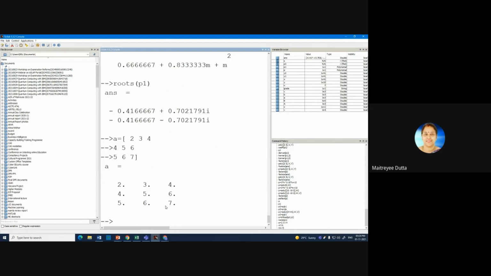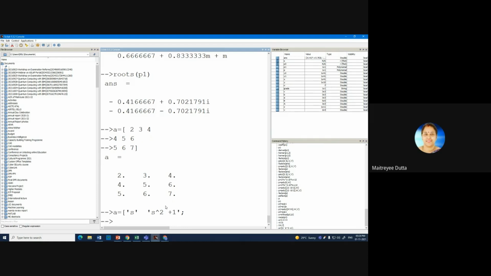Now, if we want to write a polynomial matrix, we can write like this, for example S, right? Then S square, no sorry, S square plus 1, right? This is also another matrix.